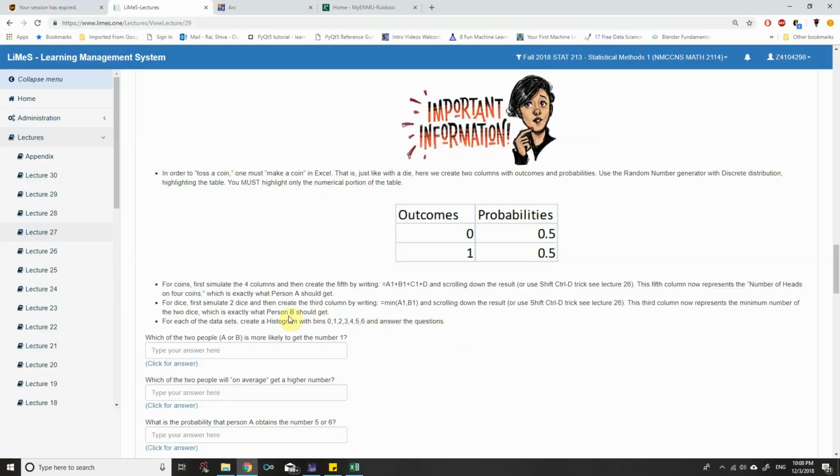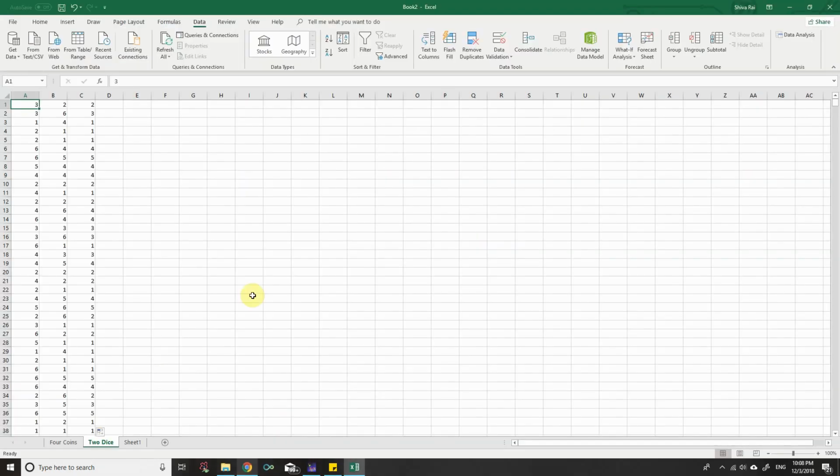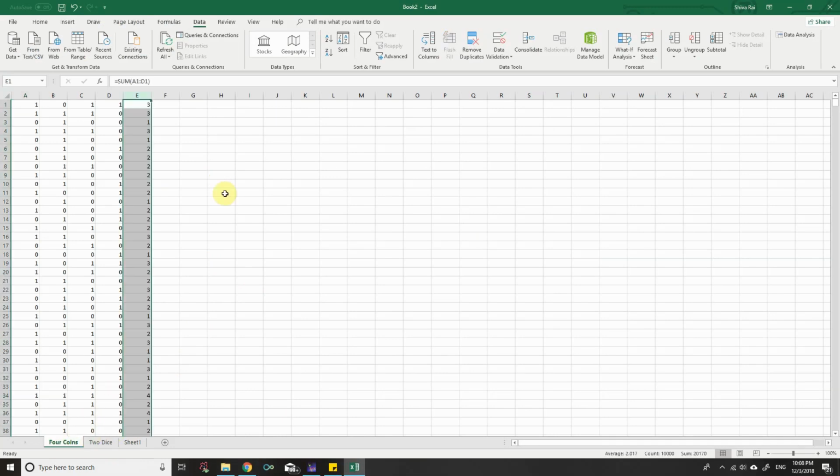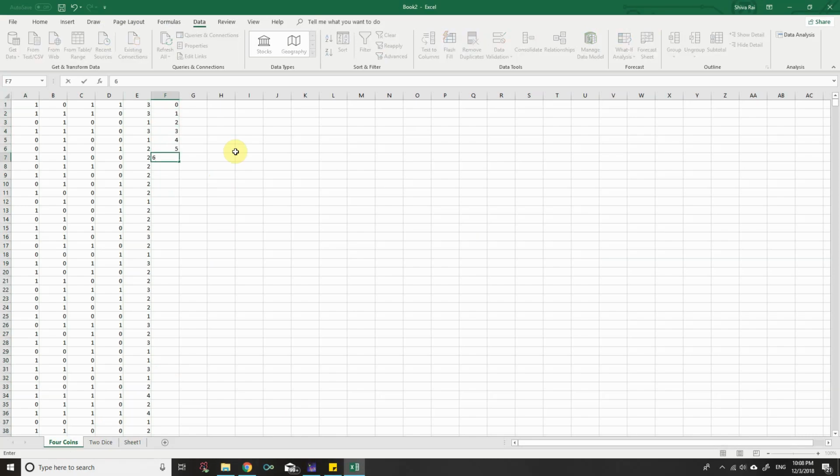Here it is clearly saying to create a histogram with bins 0, 1, 2, 3, 4, 5, 6. So let's go for that. Let's go for 4 coins at first, with bins 0, 1, 2, 3, 4, 5, 6.